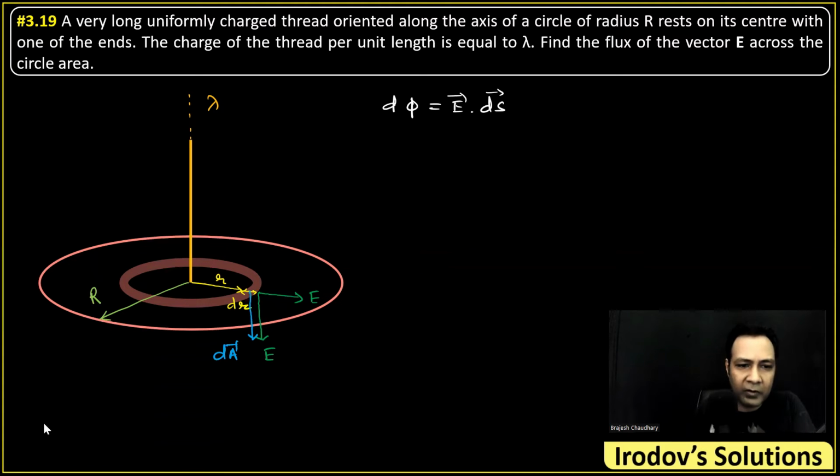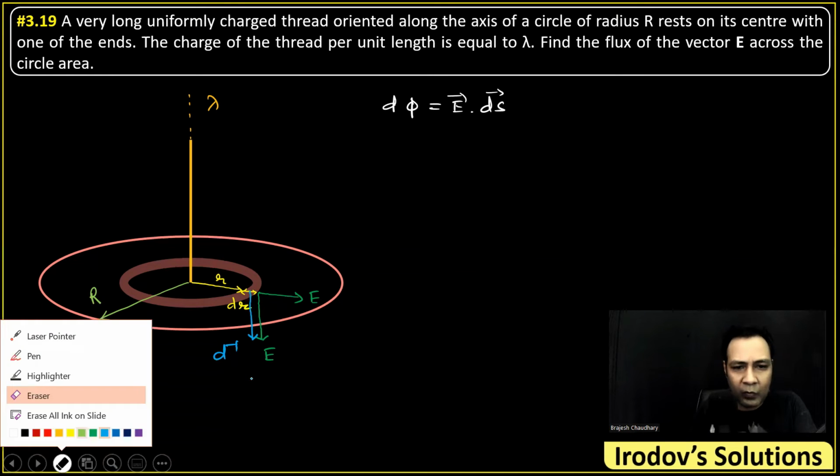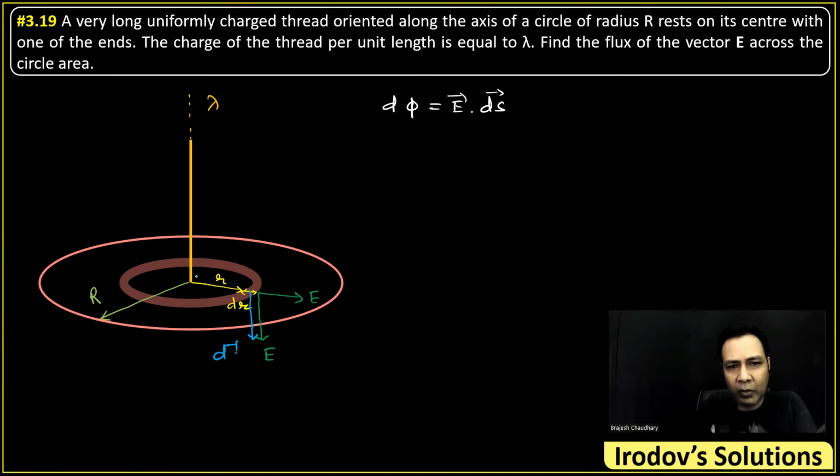So there I have written dS, so let me write this dS also. What is the overall area of this little ring whose radius is r and thickness is dr? That area is nothing but 2 pi r dr. And the flux because of the overall electric field: because of this E the flux is going to be zero, because this E is perpendicular to dS.